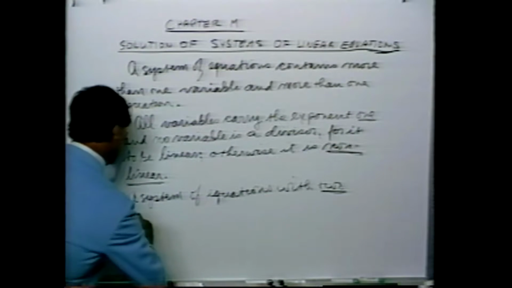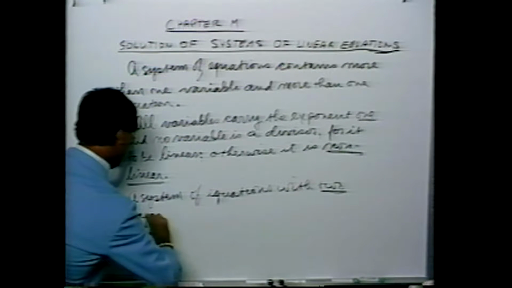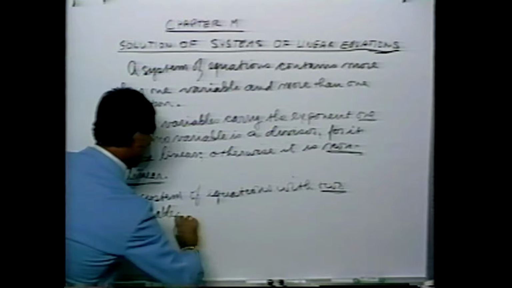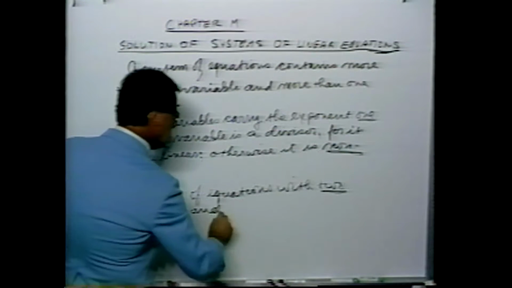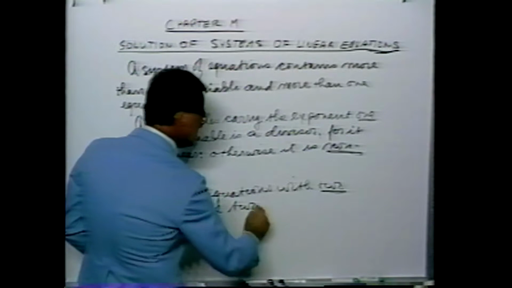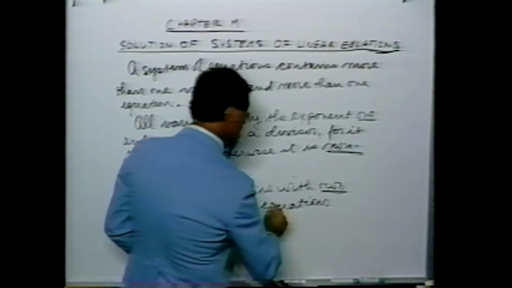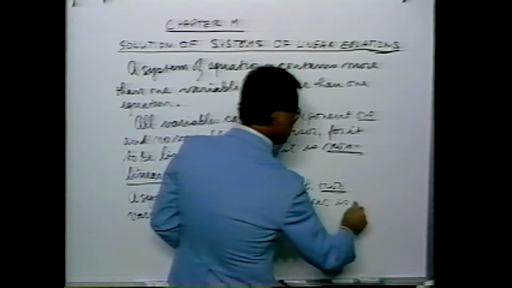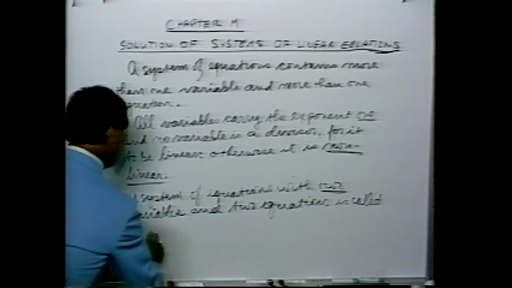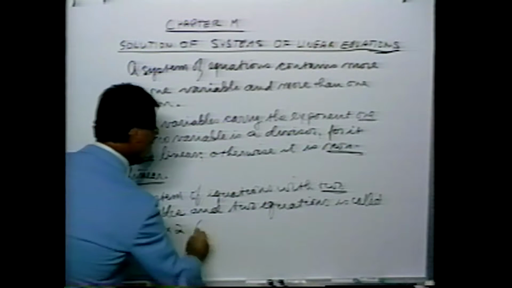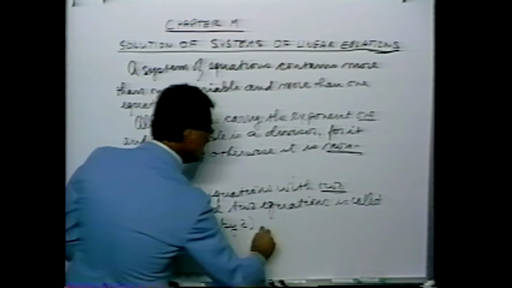With two variables and two equations is called a 2-by-2 system.